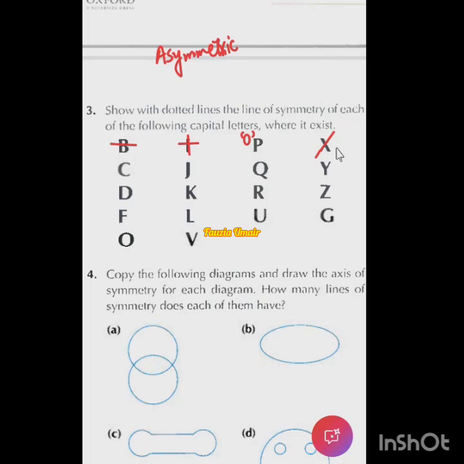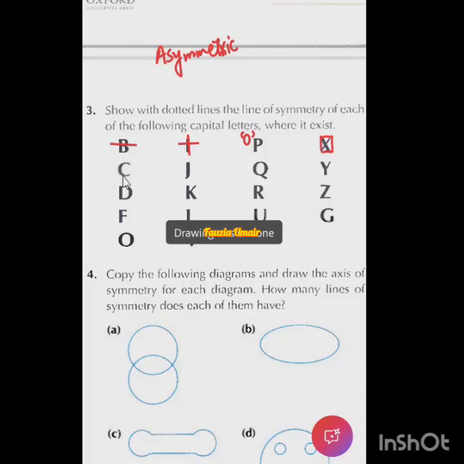Don't you think this is a line of symmetry? Yes, ma'am. What about this one? Like this. So basically lines of symmetry can be diagonal also, no? It's not like they will always be straight. So this is like a square, right?